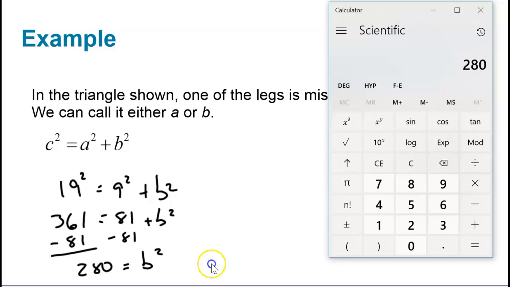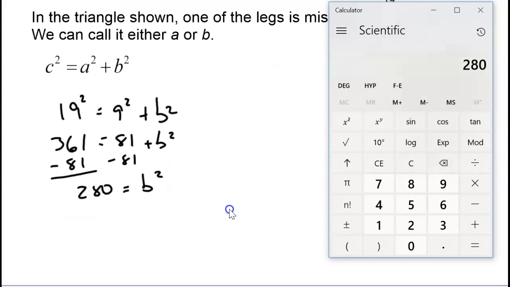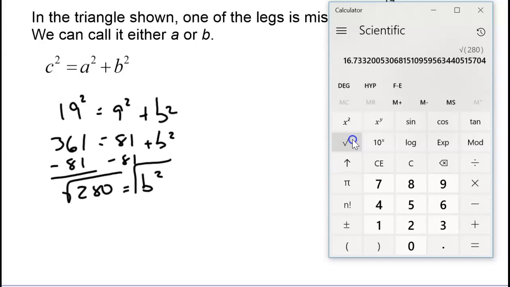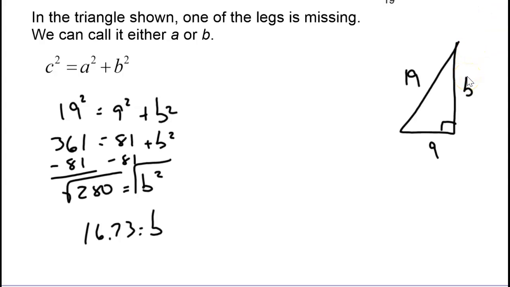And we want to get b by itself, so we need to take the square root of both sides. So the square root of 280 is 16.73, equals b. And so we'll go back and put this onto our problem over here. So b is 16.73, whatever units they had.